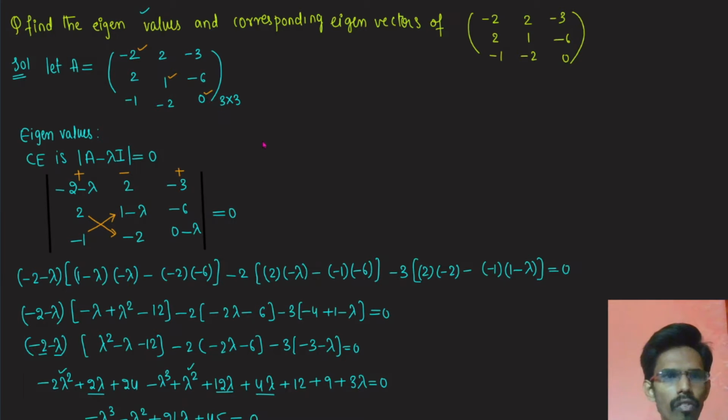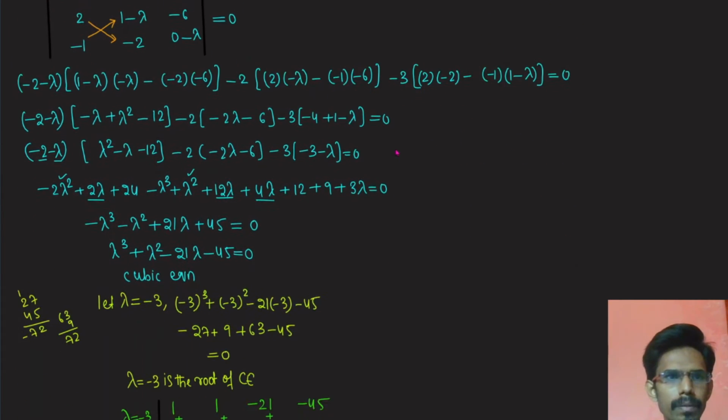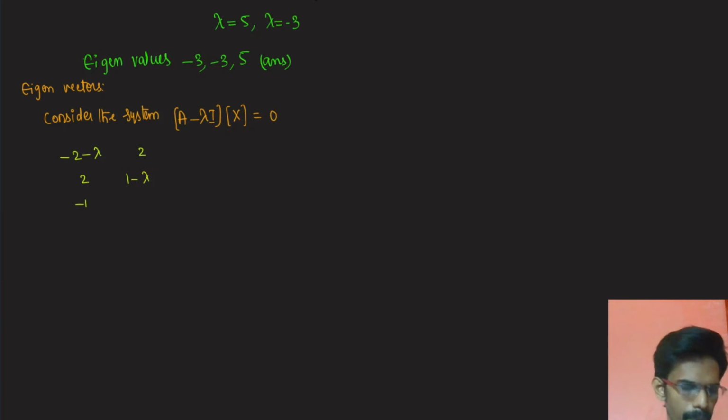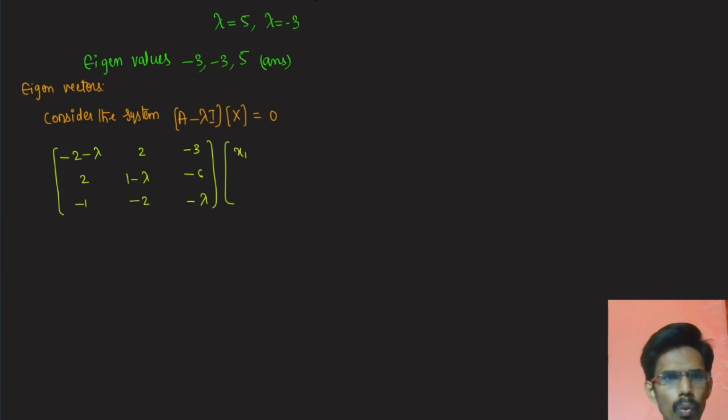From this we can get A minus lambda I, that will be minus 2 minus lambda, 2, minus 1; 2, 1 minus lambda, minus 2; minus 3, minus 6, minus lambda, into the vector x that can be taken as x1 x2 x3 or x y z, equal to 0 0 0.